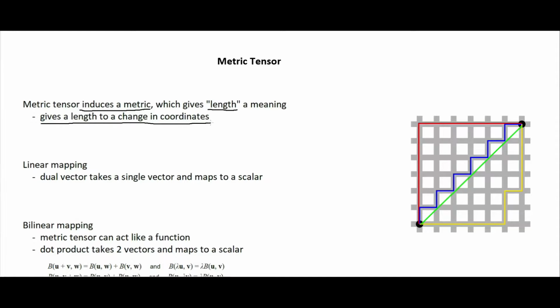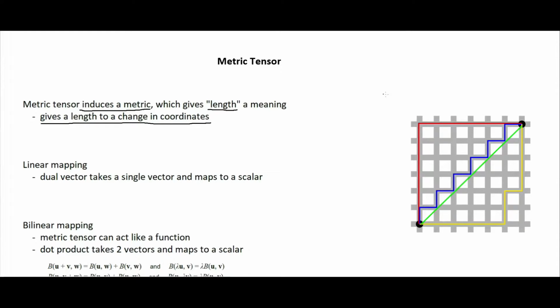If you're in a space and you change coordinates, that's kind of meaningless until you have a metric, and that's what tells you the length of that change in coordinates. And so we have, for instance, the Euclidean metric, which is essentially the Pythagorean theorem.